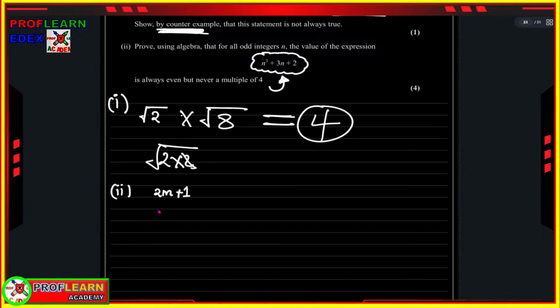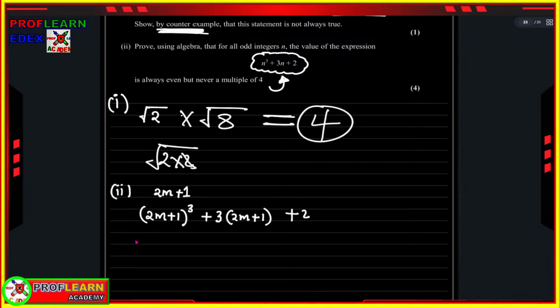So we can say it will be 2m plus 1 cubed, plus 3 into 2m plus 1, then plus 2. We are going to expand whatever we have here so that we can see exactly what we get.